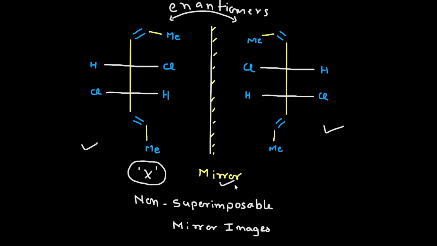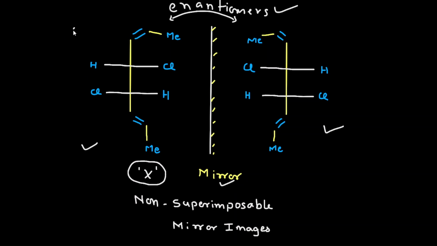Once we have drawn the two, you will easily recognize that these two Fisher's projections are non-superimposable on each other. You can try it very easily. And once you have decided this, then you should say that these two are enantiomers of each other.